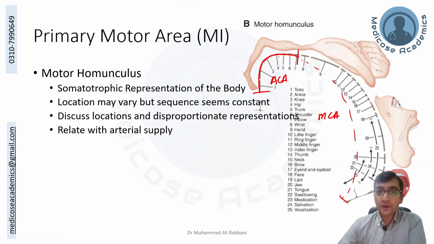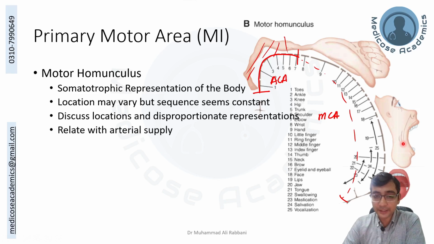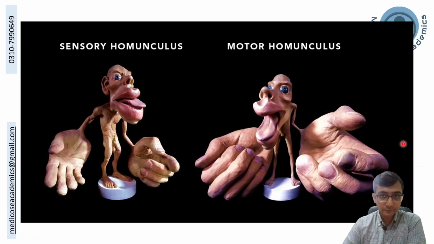A cerebral infarct involving the anterior cerebral artery will lead to non-functioning of the areas supplying the lower trunk and the lower limb. However, a lesion of the middle cerebral artery will lead to loss of function of the muscles of the upper limb and head and neck. If it is a bilateral case, then head and neck, but still.